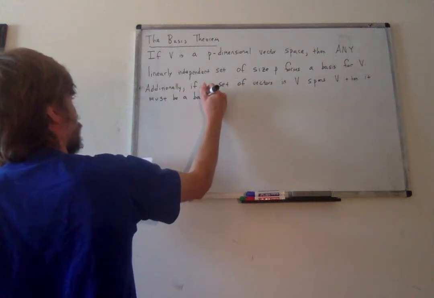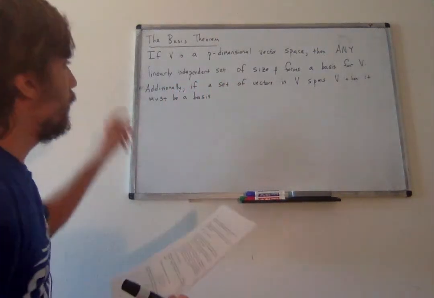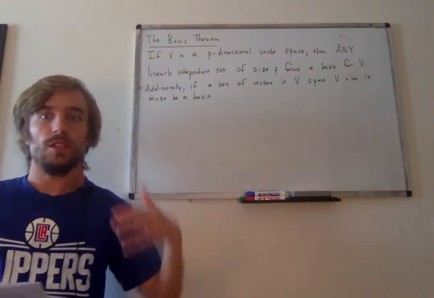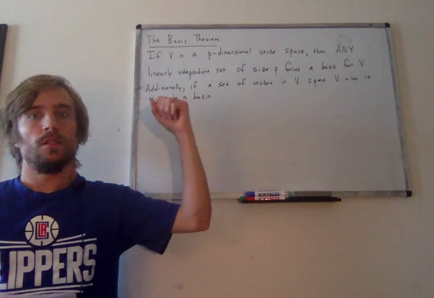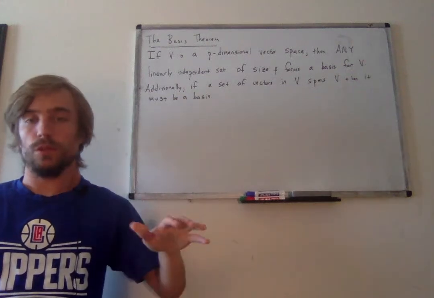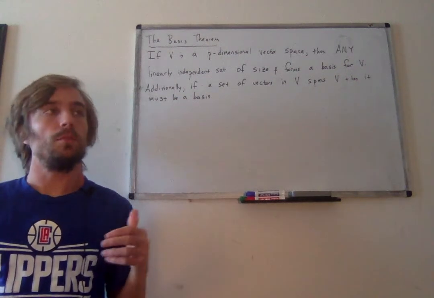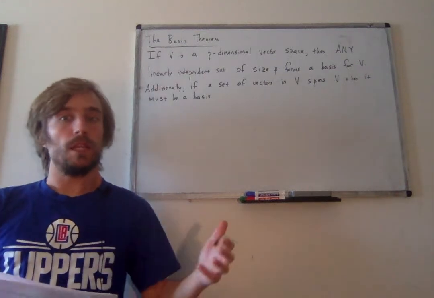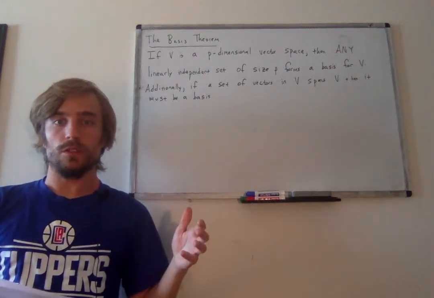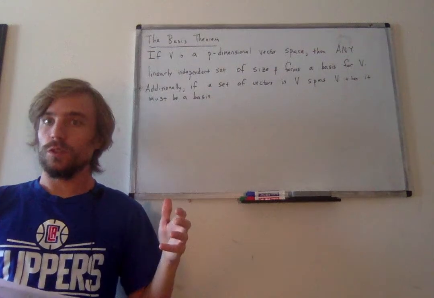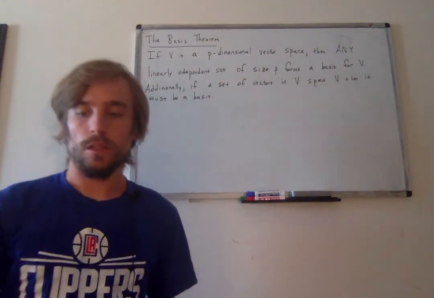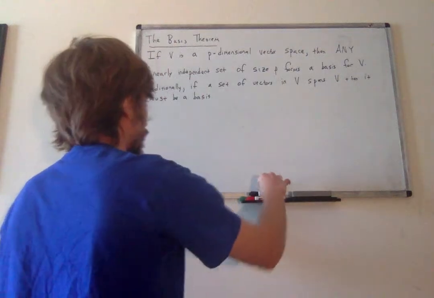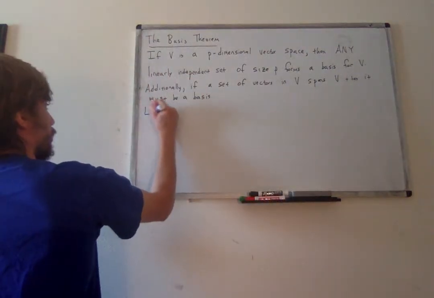So, the first statement here says that if I take any linearly independent set of p vectors in a p-dimensional vector space, that set must be a basis. And that just follows immediately from theorem 11, because if V is a p-dimensional vector space, every basis for V must have exactly p vectors. We'll write out the proof of this on the board.